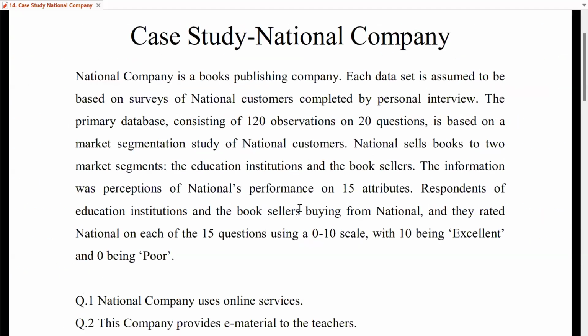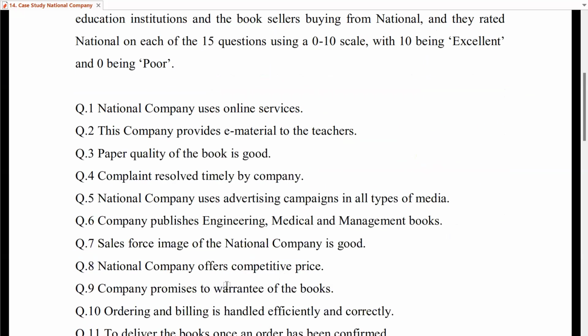The information was perception of National Company's performance on 15 attributes. Respondents from education institutions and booksellers buying from National rated National on each of the 15 questions on a 0 to 10 scale. 0 means poor and 10 means excellent.